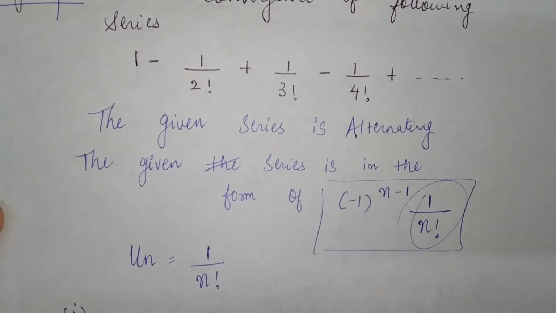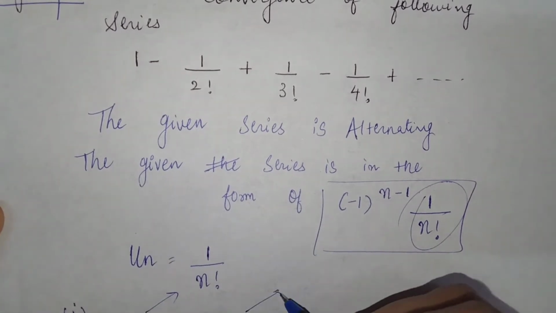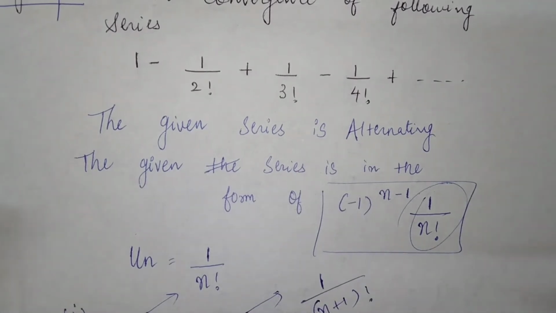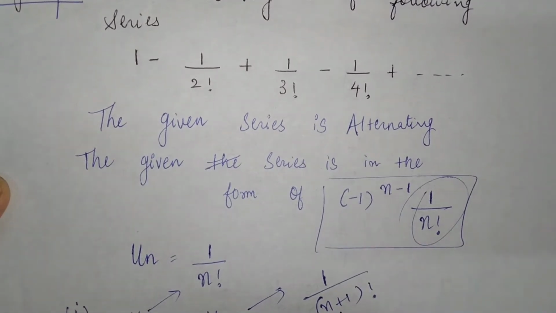If un is 1 by n factorial and un plus 1 is 1 by n plus 1 factorial, then we can easily say that 1 by n factorial will always be greater than 1 by n plus 1 factorial. So the first condition is satisfied.